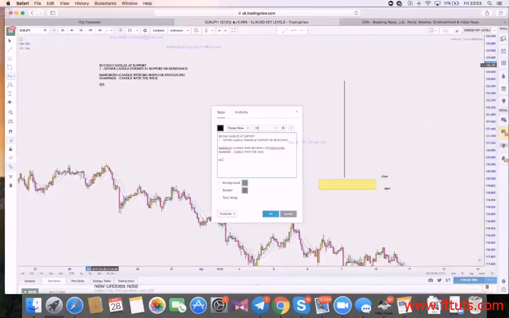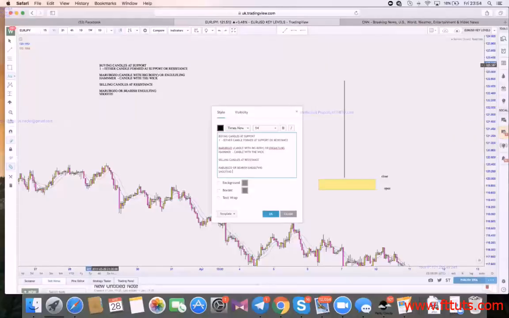And for selling, the candles are again Marubozu or bearish engulfing. Everybody understand this? This time the body is to the downside. The body close is below its opening.